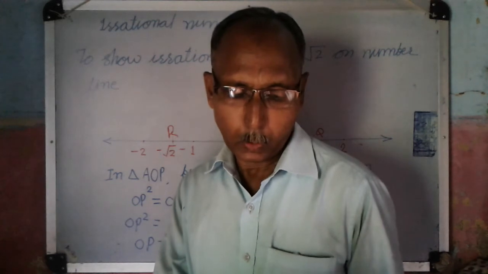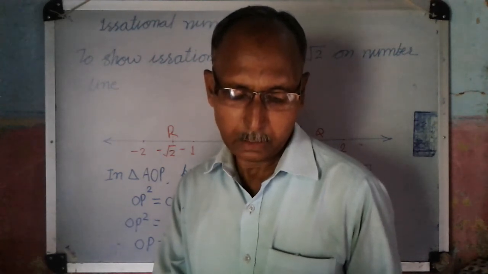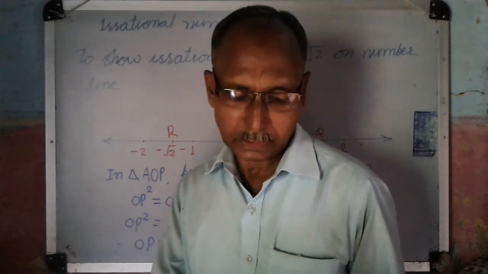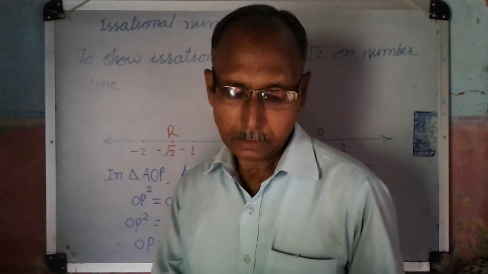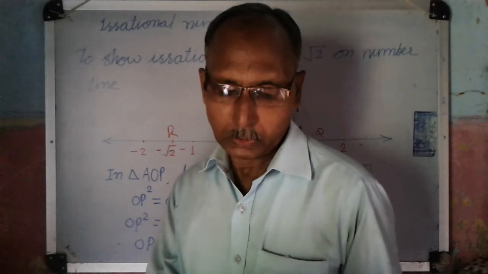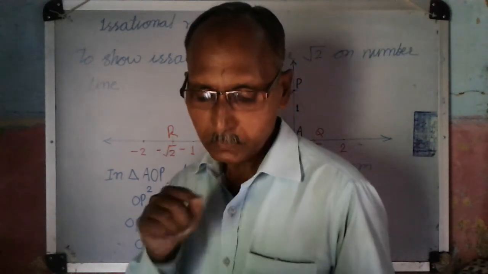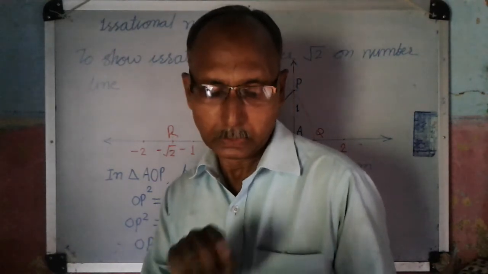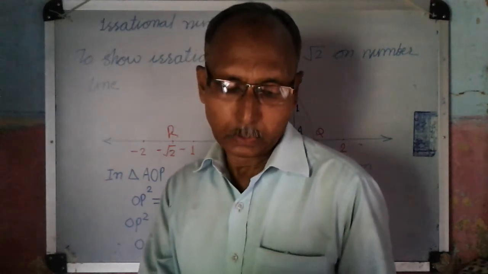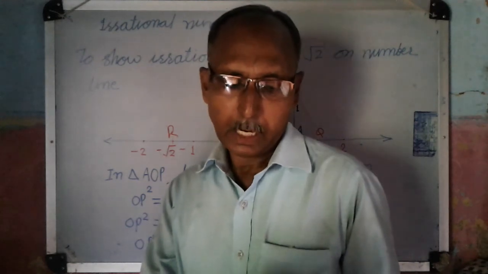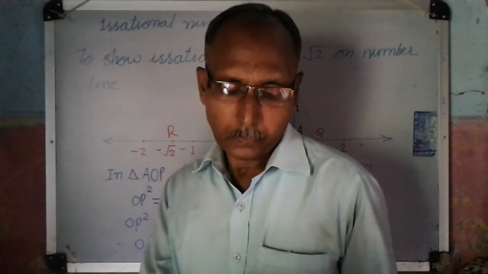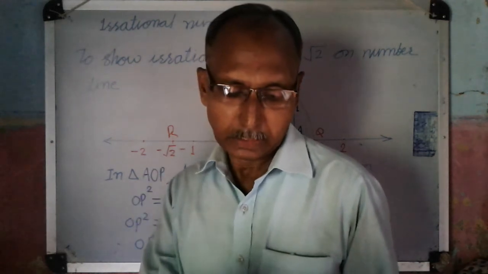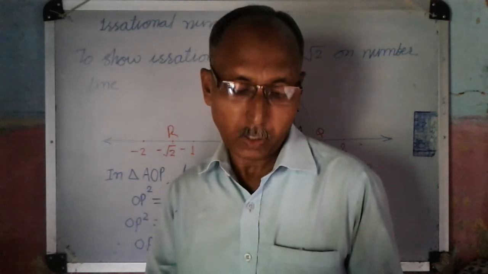OQ is given root 2, that means root 2 square plus QR is given 1, 1 square. So you will get here root 2 square is equal to 2, 1 square is equal to 1. So 2 plus 1 is equal to 3. That means OR square is equal to 3. Take square root of both the sides. Therefore, length of OR is equal to root 3. In this way, you can fill the boxes here.